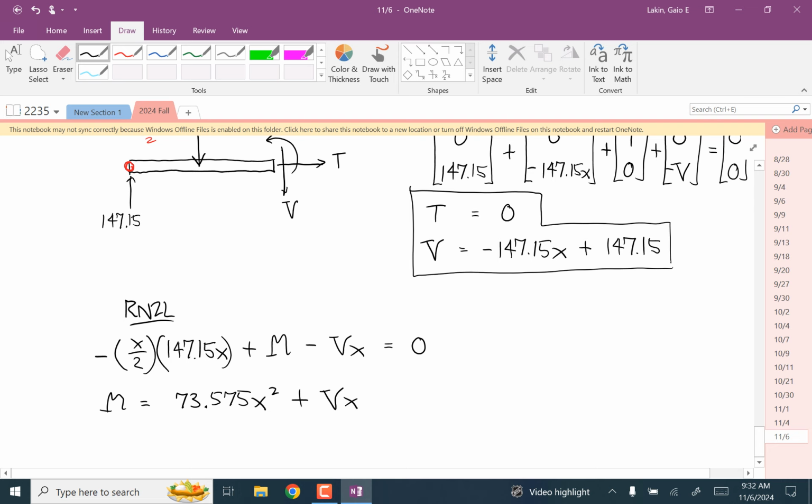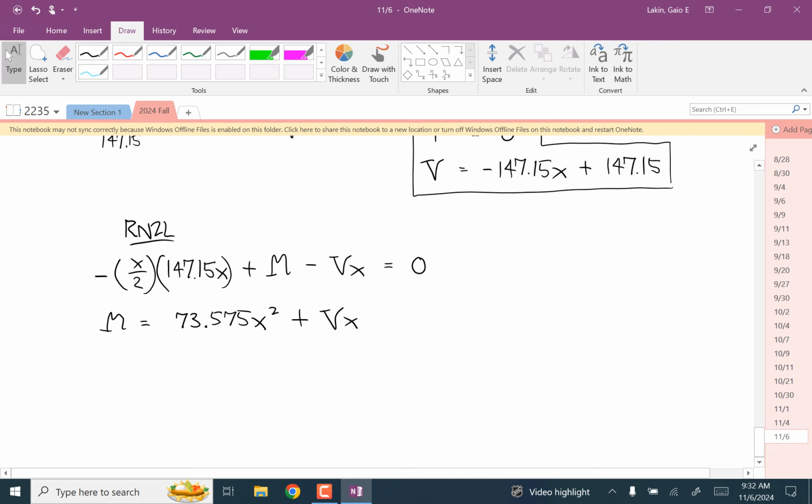But we've already calculated V. So now we can say M is equal to 73.575x squared minus 147.15x times another x plus 147.15 times x.